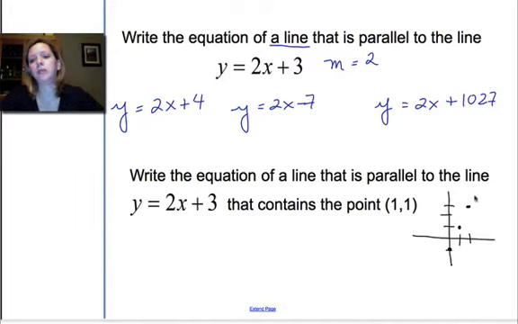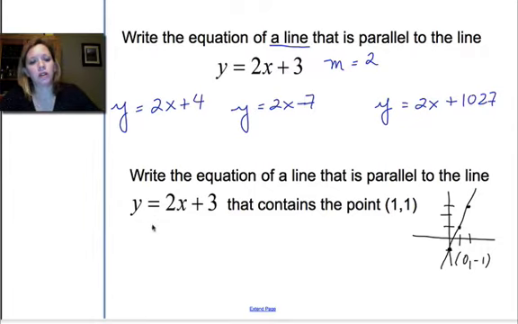We could draw a picture and see that the intercept is negative 1, and write that in slope-intercept form. But I'm going to show you how to do it algebraically in case you can't tell just by looking at the graph what the equation of the line is.